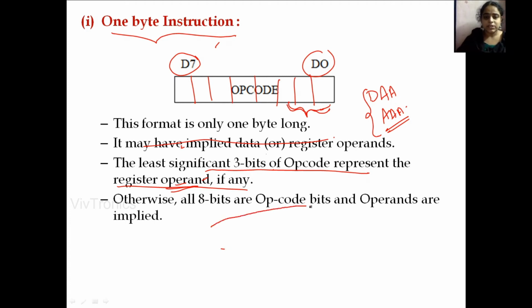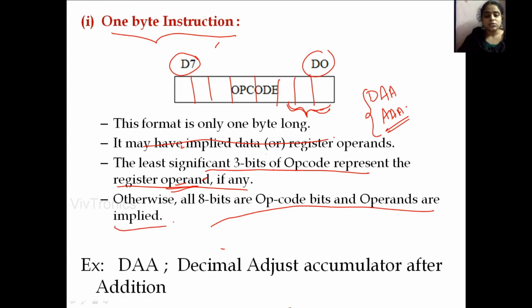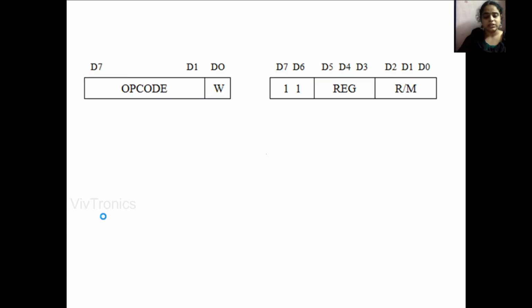Otherwise all 8 bits are opcode bits and operands are implied. For example, DAA only occupies 1 byte of memory. Soon you will get to know all about this in programming. In programming you can observe the instruction pointer. I will show you in software how the instruction pointer increases.